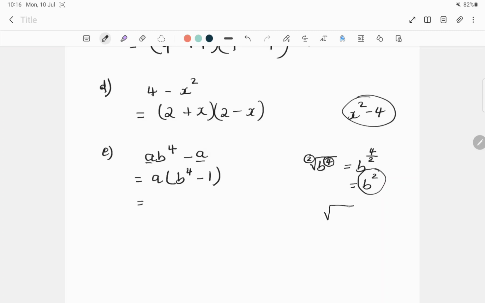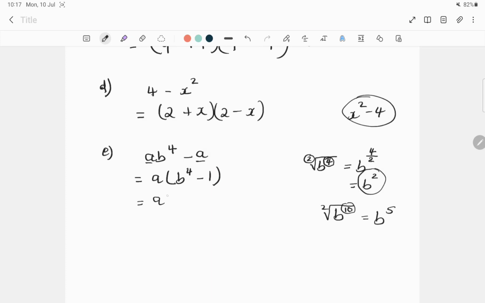Let's find the square root of b^10. You just have the exponent. So it will be b^5 because 10 divided by 2 is 5. So as long as you can halve the exponent, then it's a difference of two squares. And then the square root of 1 is 1.